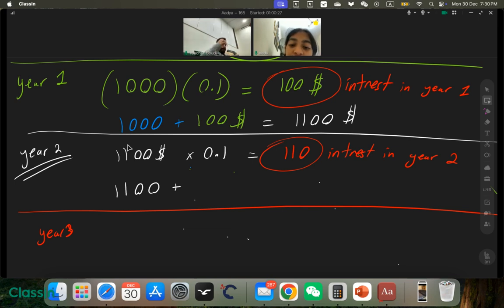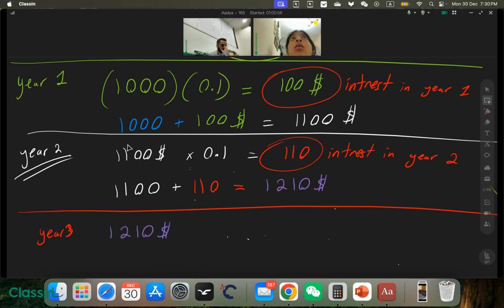Okay, this was your mistake. This is plus 110, which is $1,210. So this one I'm going to change the color to pink or purple. Now I'm supposed to get this one here.